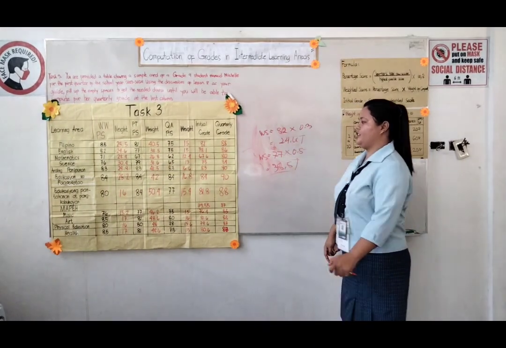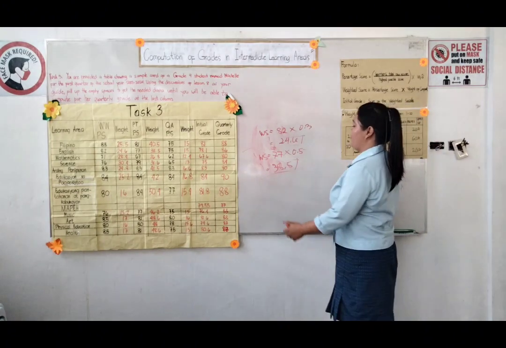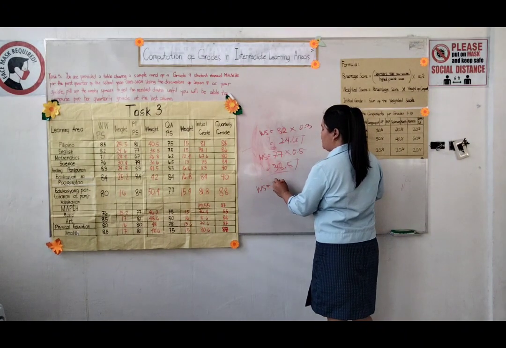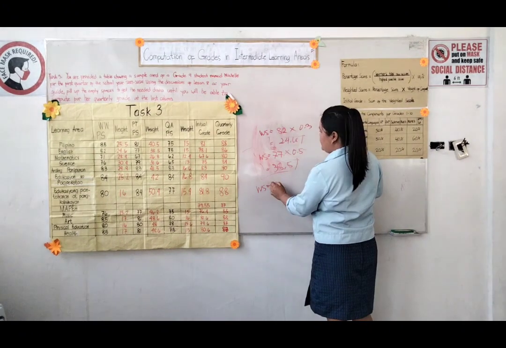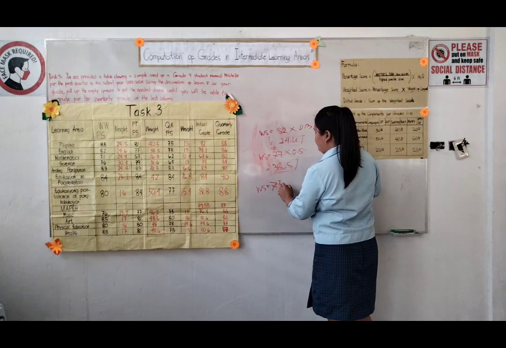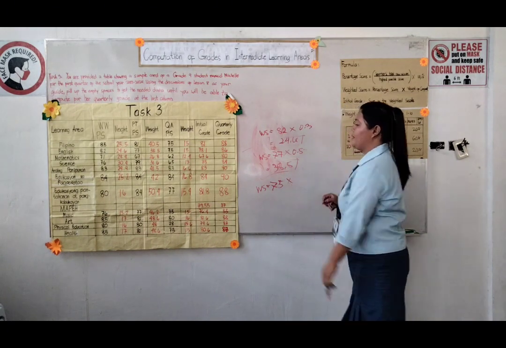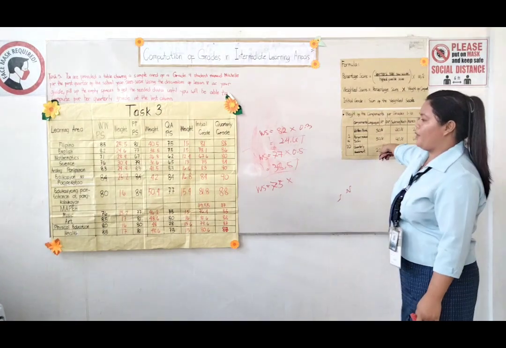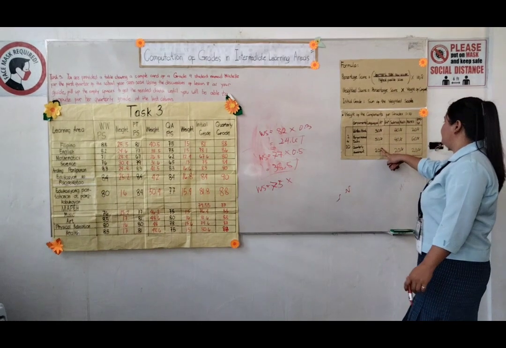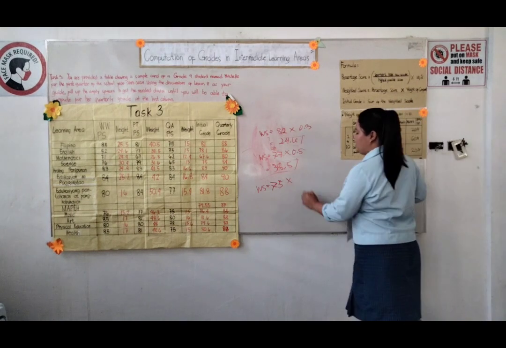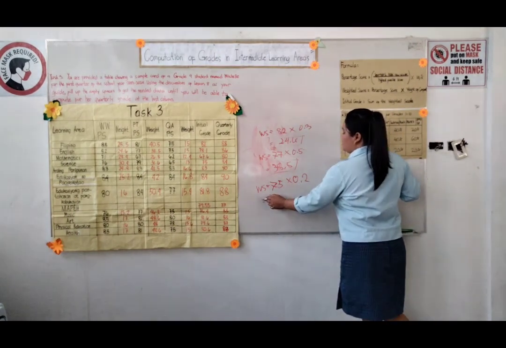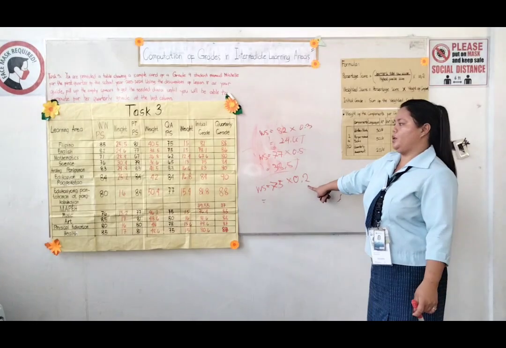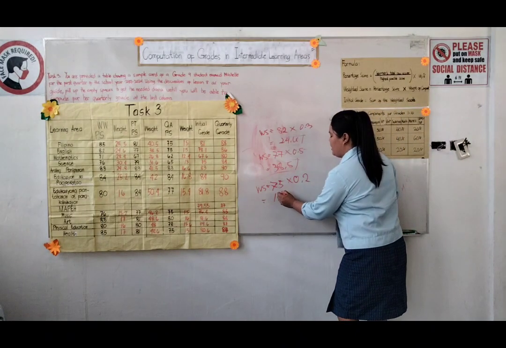The given percentage score is 75, times the weight of component of English in quarterly assessment, which is 20%, so 0.2. So 75 times 0.2 is equal to 15.